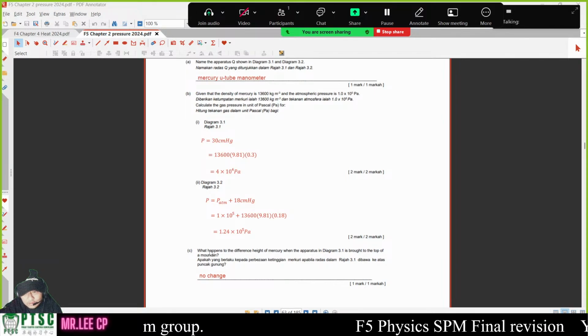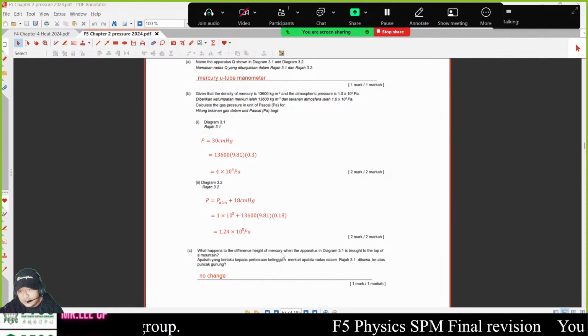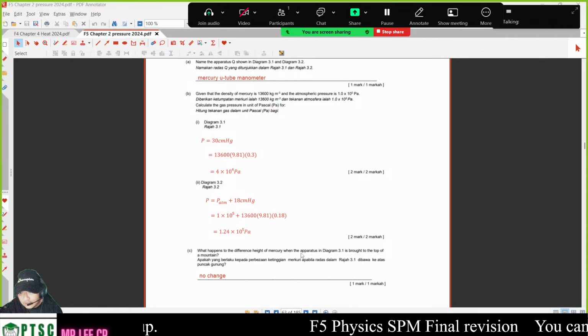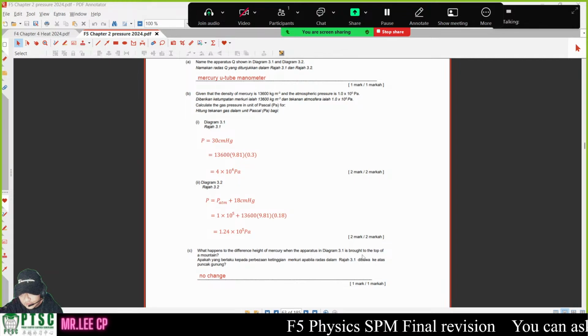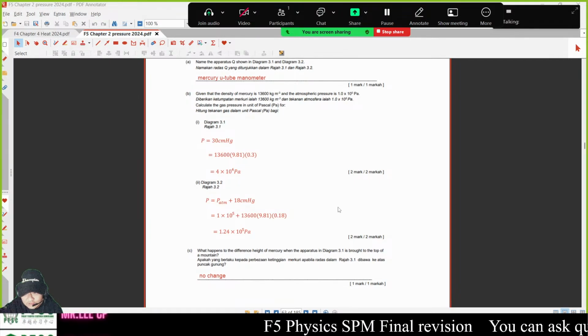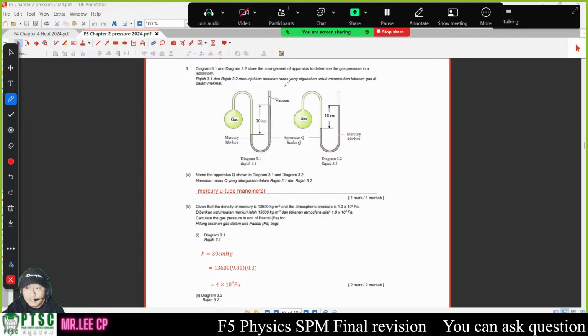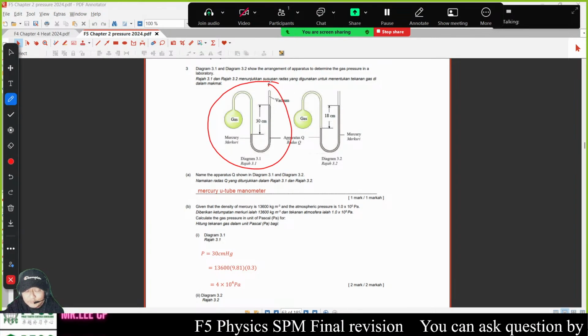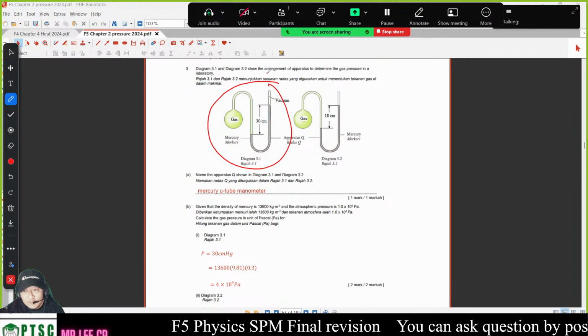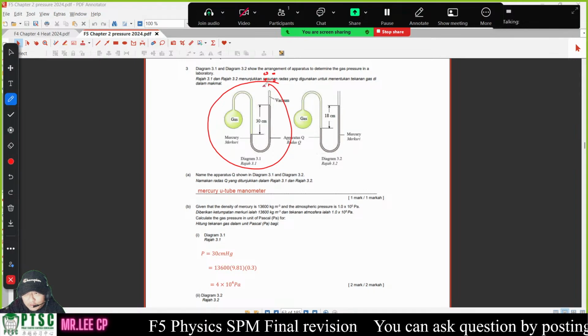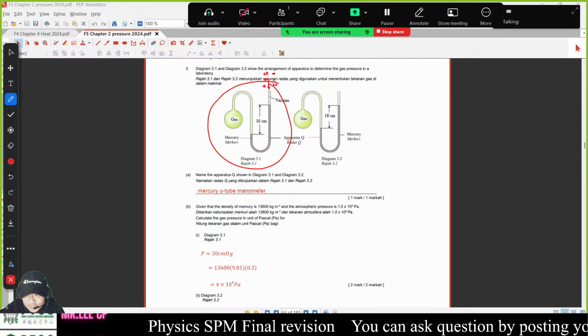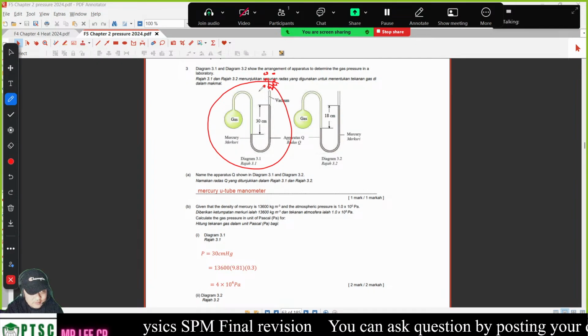Now, what will happen to the difference in height of mercury when apparatus 3.1 is brought to the top of a mountain? At the top of the mountain, 3.1, no change. Why? Because at the top of the mountain the number of particles is lesser, but it cannot affect here. It is not related.